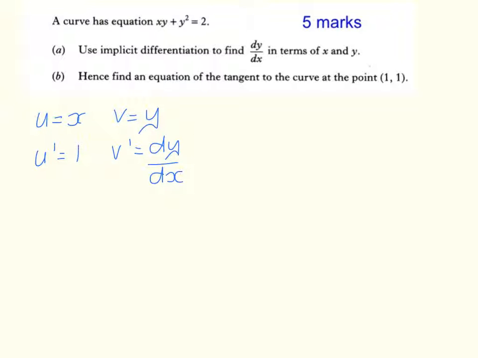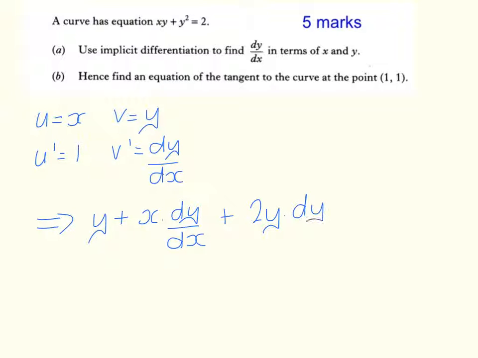And that means that this product is equal to u dash v plus v dash u. So that's y plus x dy by dx. And then we've got y squared, which differentiates to 2y times dy by dx equals, and the 2 differentiates to 0.